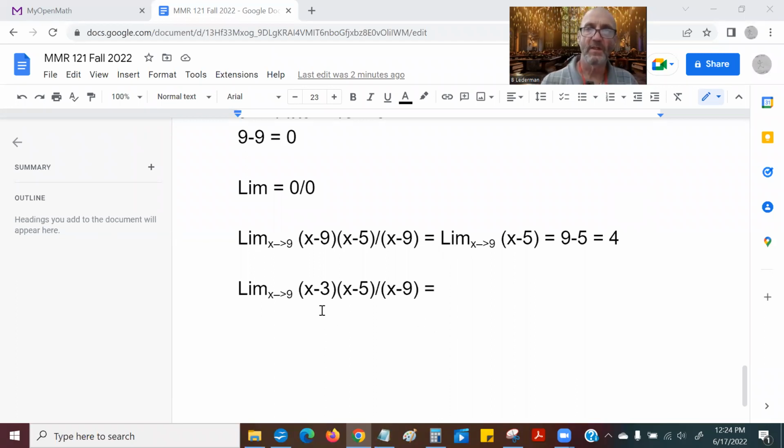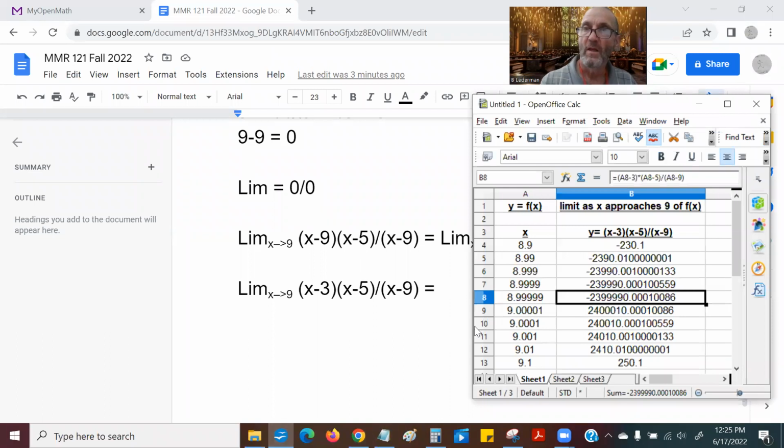To find a limit like this where we don't have that cancellation, let's just get some insight here. Let's look at our trusty spreadsheet. The x values are 8.9, 8.99, getting closer and closer to 9 from the negative side. And here it's 9.1, 9.01, dot, dot, dot, getting closer and closer to 9 on the positive side.